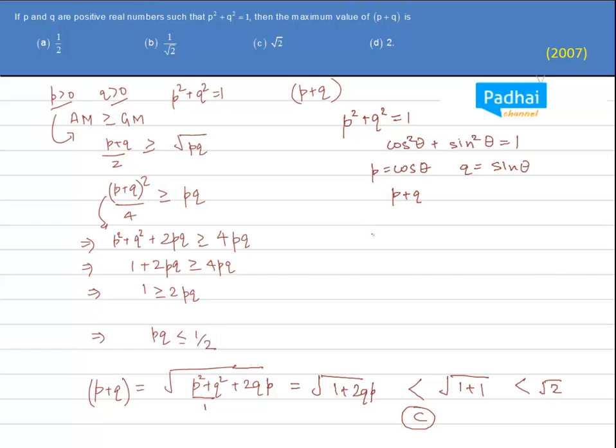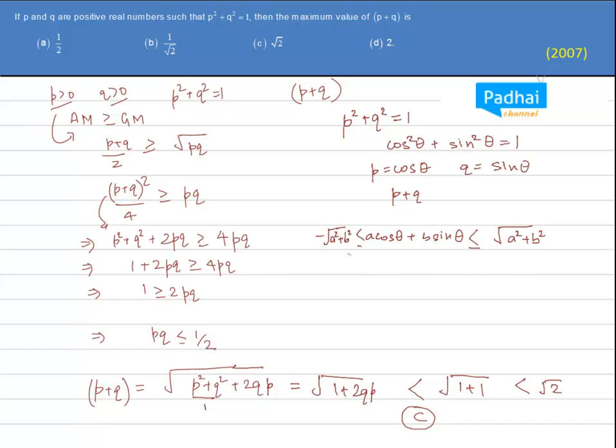we know by the property that if I say A cos theta plus B sin theta, then this is always less than or equal to under root A square plus B square, and it will always be greater than minus under root A square plus B square.